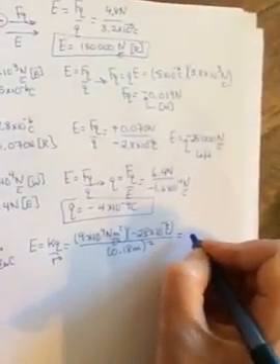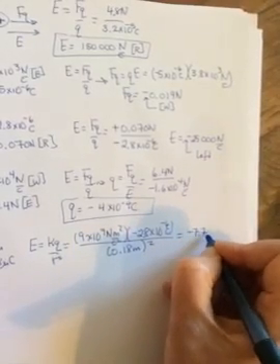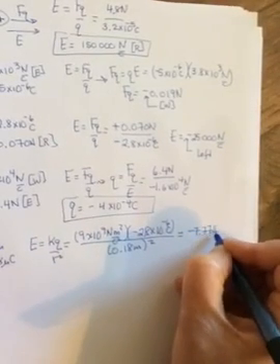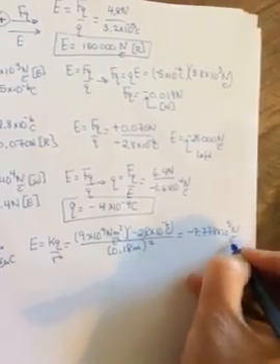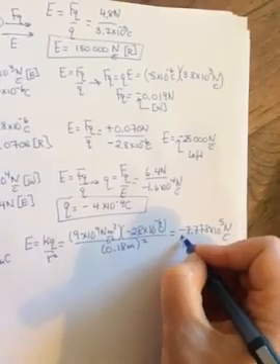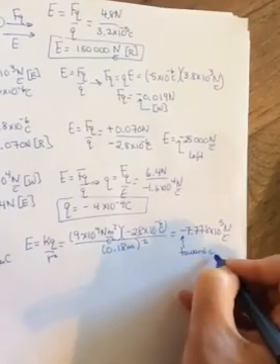You are going to get a negative 7.778, might be 7 repeating, times 10 to the 5th newtons per coulomb, where the negative means it's going towards the charge, right?